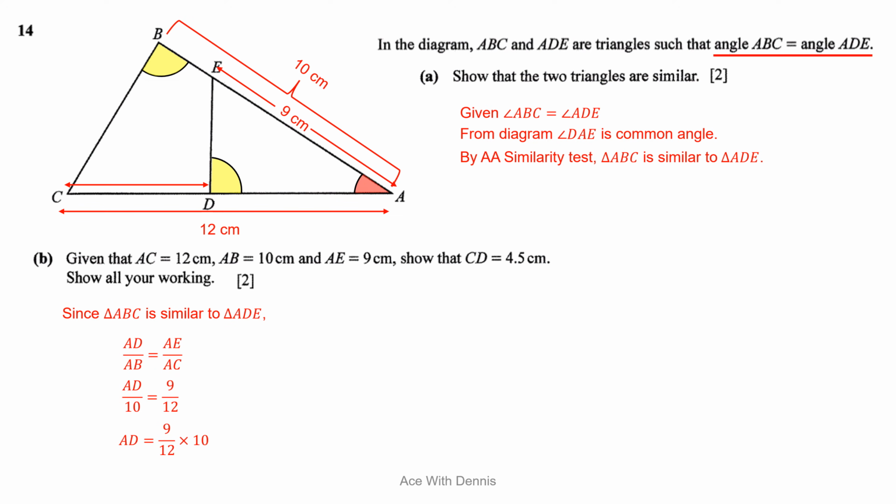So AD will be equal to 9 over 12 times 10, which is 7.5 cm. So here this length is 7.5 cm. So from the diagram, CD is AC minus AD, which is 12 minus 7.5, and the answer is 4.5 cm, hence shown.